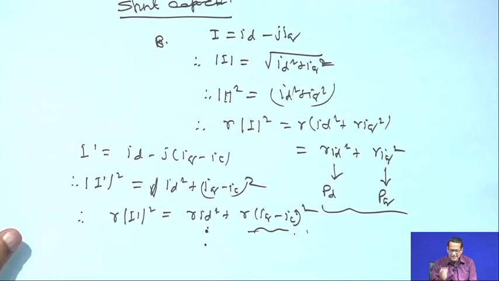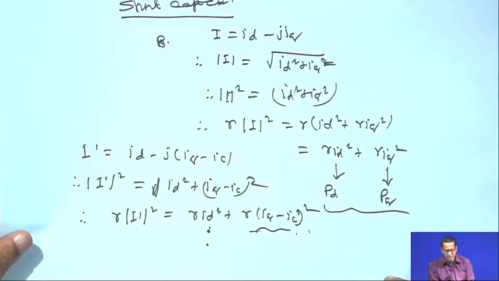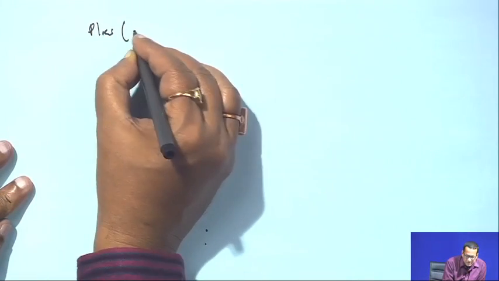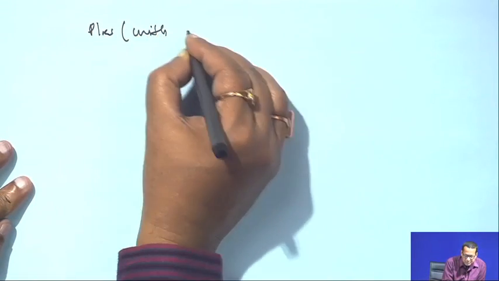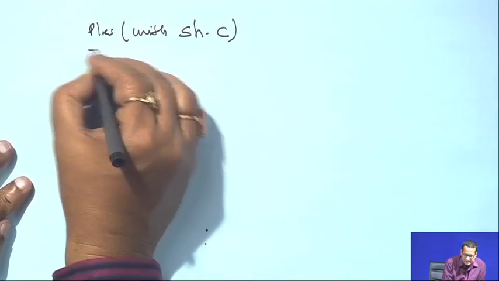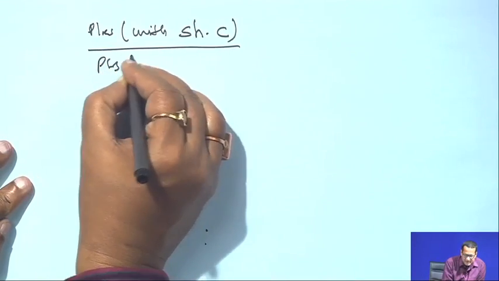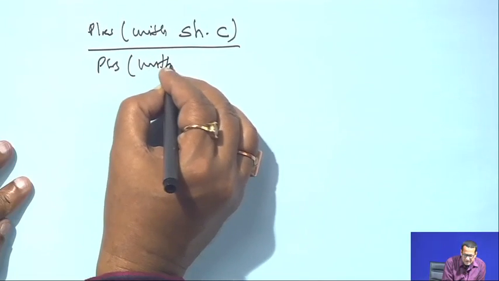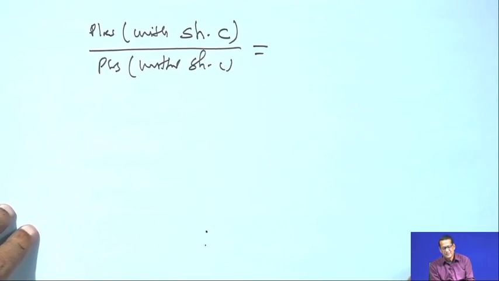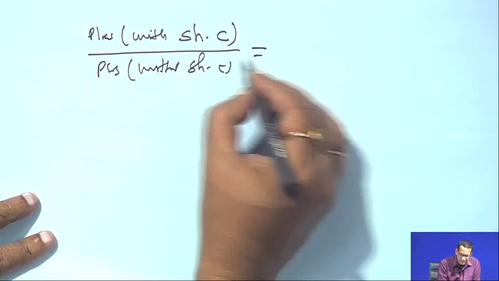Another thing is that the shunt capacitor, though not by much, improves the voltage magnitude level. Therefore, with the same philosophy, P loss with the shunt capacitor, SH, compared to without it, is inversely proportional to the square of the voltage magnitude.